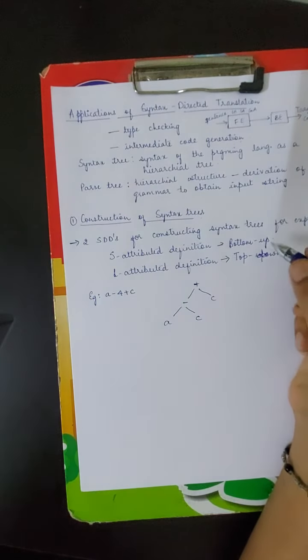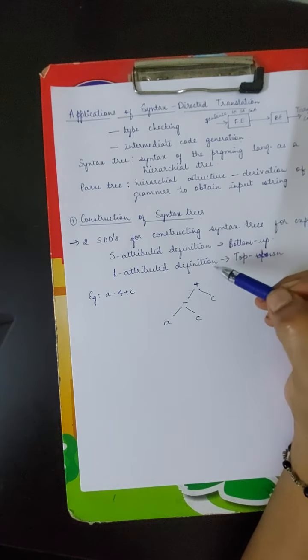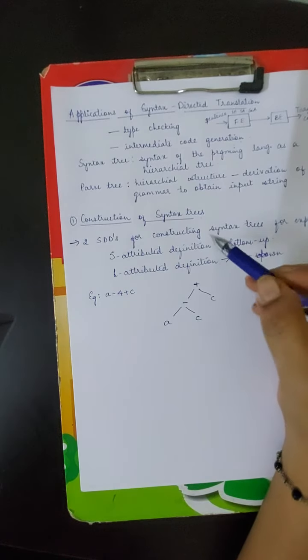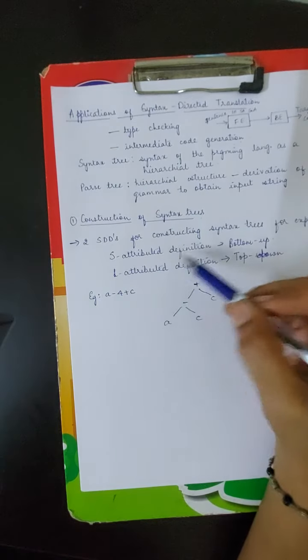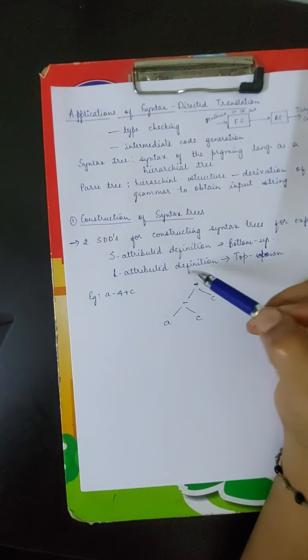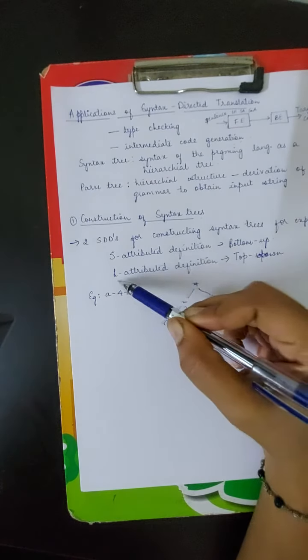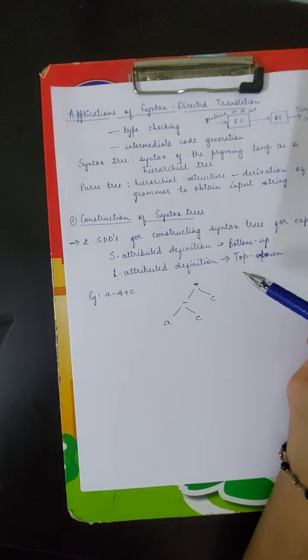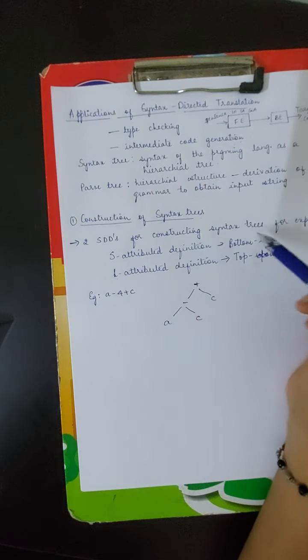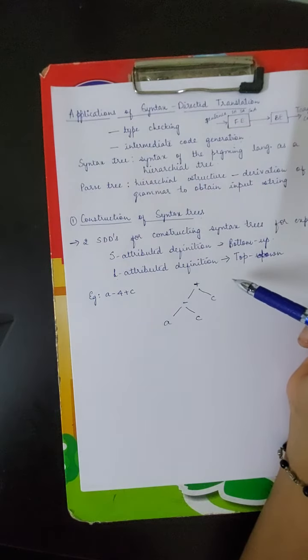So using these two types of definitions, we will be constructing the syntax tree depending upon what type of parsing method is being used, whether it is a bottom-up parsing method or top-down parsing method.